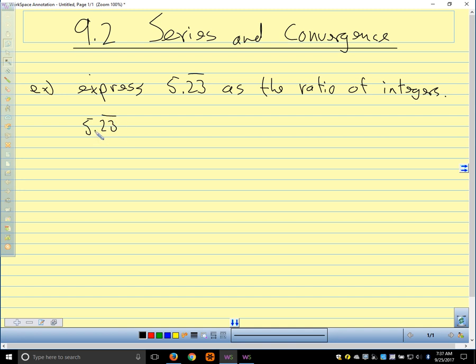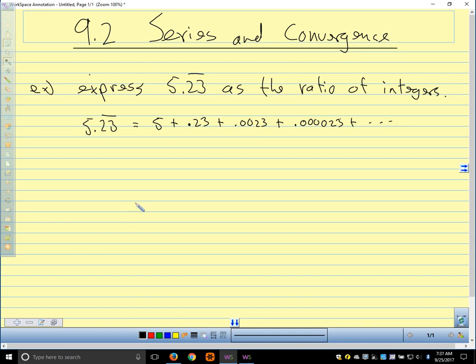Well, you can get rid of the 5 and just put that out front, so you're really only dealing with 5 plus 0.23 repeating, which I'm going to write as 0.23 plus 0.0023 plus 0.000023 plus dot dot dot.